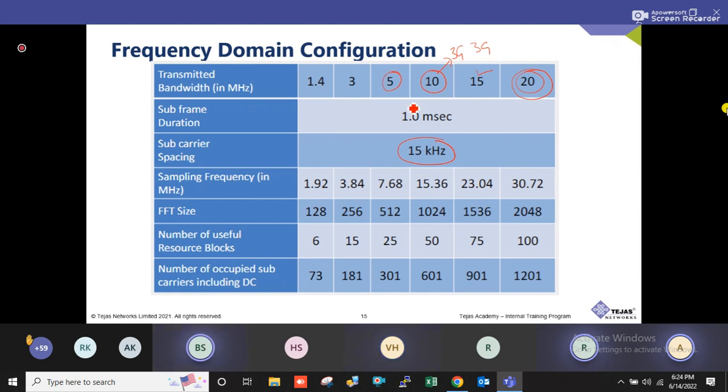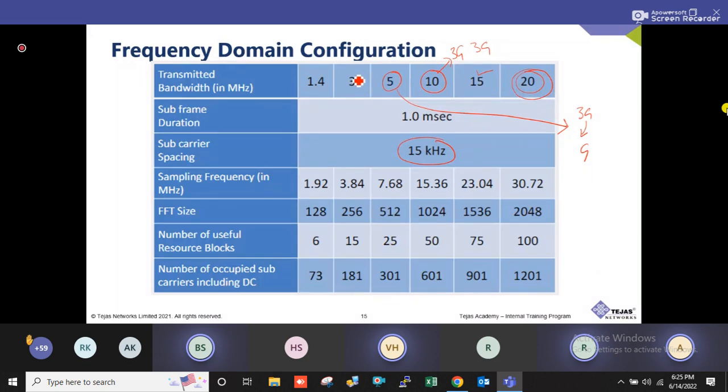Now 5 megahertz. Why did we choose 5 megahertz? Because ultimately at one point of time we needed to tear down the 3G network and use that bandwidth for 4G. So that is the reason we even have a flexible bandwidth of 5 megahertz, which is defined in the specification.